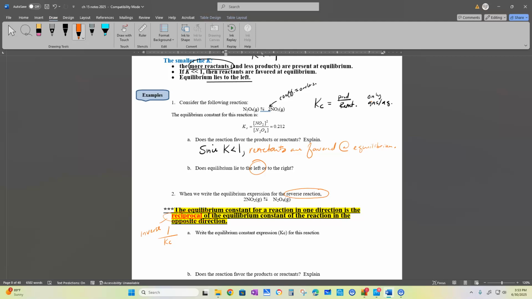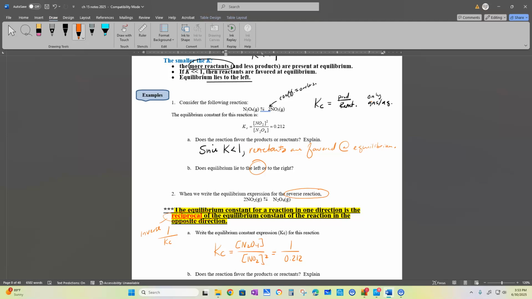So if I write the expression, now I'm going to have N2O4 over NO2 squared. Because my reaction was flipped, I have to take the reciprocal and put 1 over 0.212.